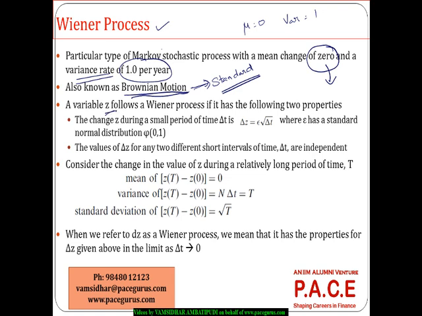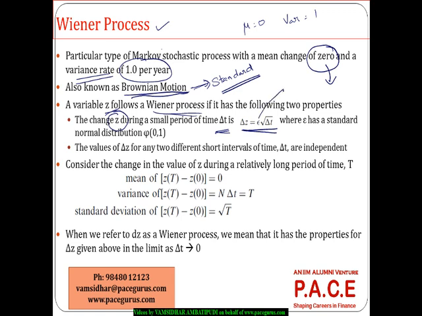Now, whenever we talk about a variable, let's talk about the stock price. If a variable follows a Wiener process, there are two important properties that need to be satisfied. First, for a small change z during a small time period delta t, the change in z is epsilon times square root of delta t.